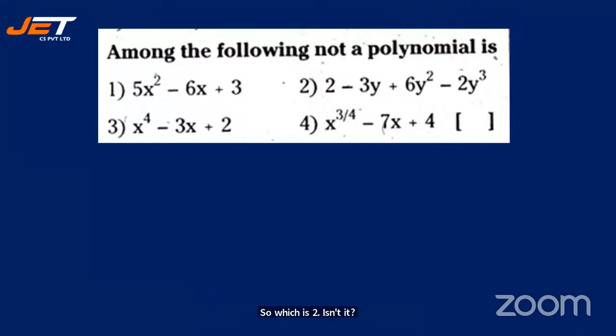Among the following, not a polynomial is dash, which means which is not a polynomial in this? Is it option 1, option 2, option 3, option 4? Let's see. I can give you one clue. The power should be only integers and not fractions.